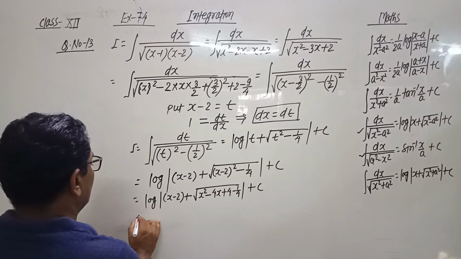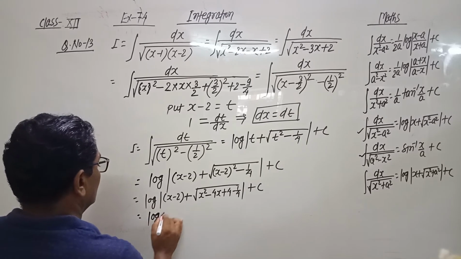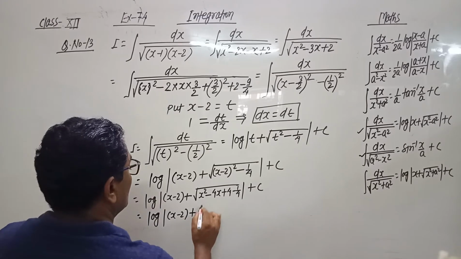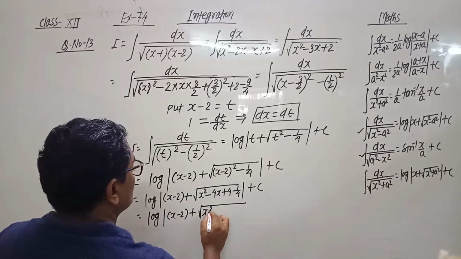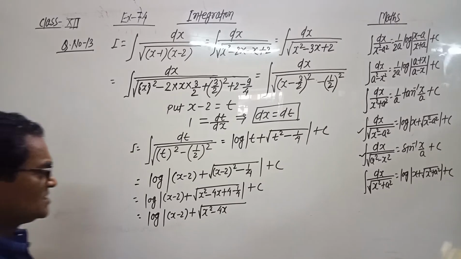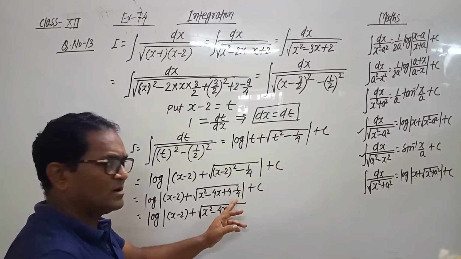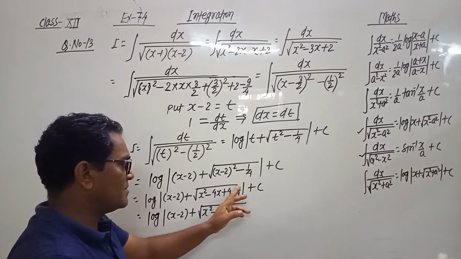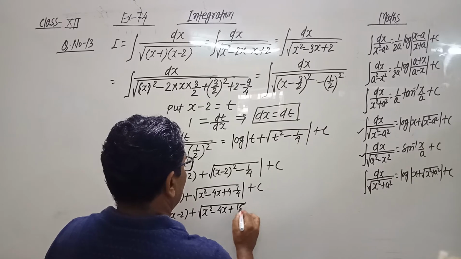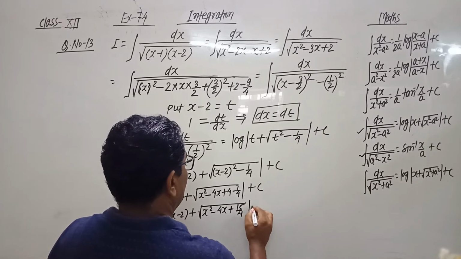Then it becomes log x minus 3 by 2 plus under root of x square minus 3x plus 2. Taking LCM, 8 minus 1, we get 2, plus c.